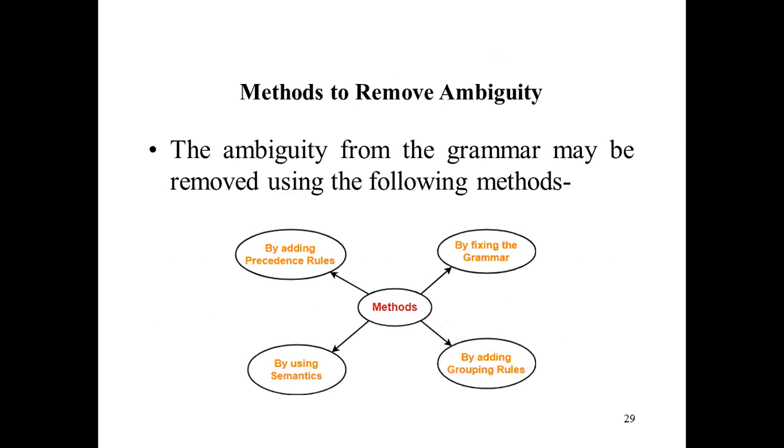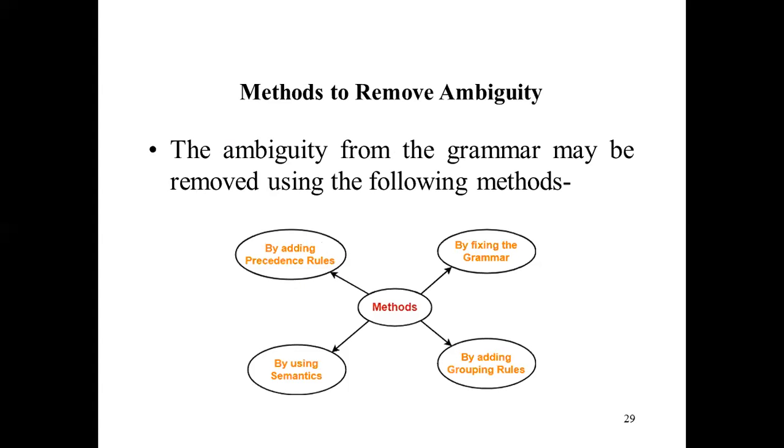These are the methods to remove ambiguity. The ambiguity from the grammar may be removed using the following methods. First, by adding precedence rules. Here we provide priority, like in the case of mathematical expressions.